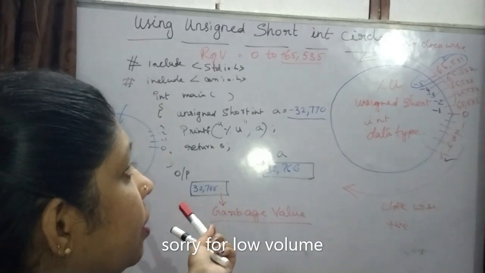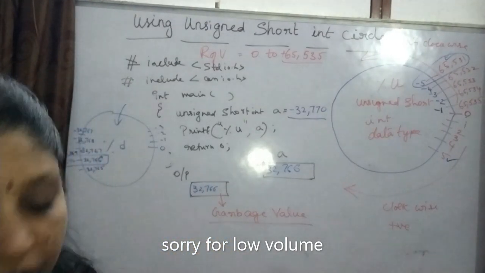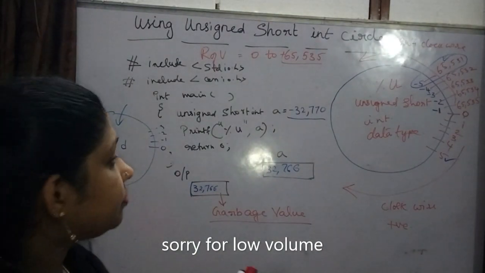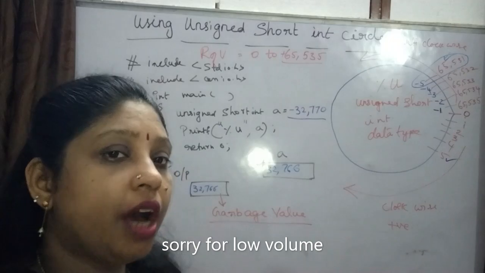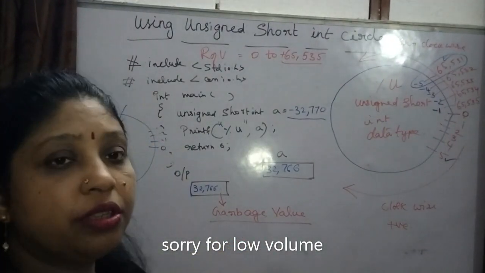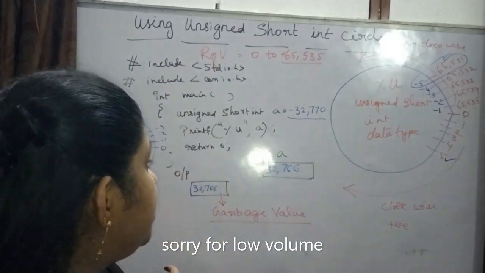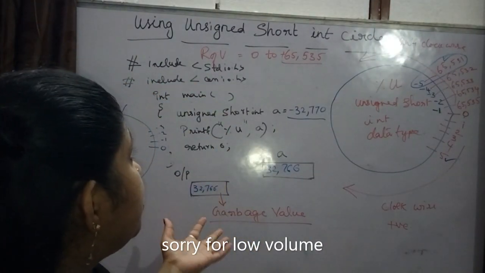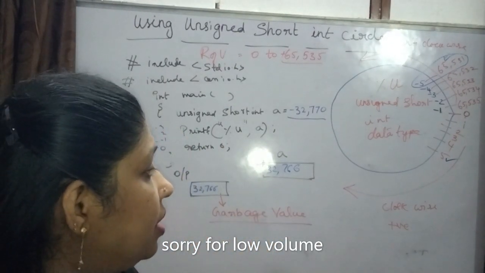And so we have completed signed and unsigned. With this we have completed how it takes the values and how it calculates and how it prints the values and how it throws the garbage value on the screen. All those things we have discussed. So I hope you understood signed short int circle and unsigned short int circle.